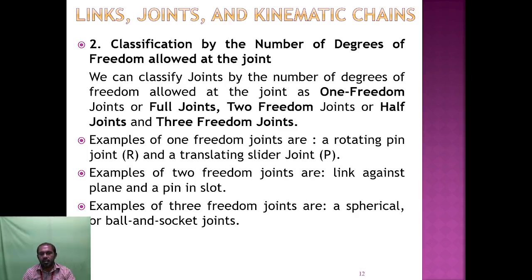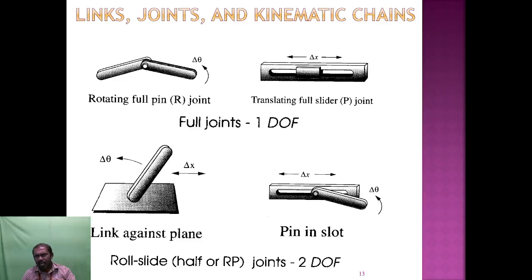Examples of a 2 freedom joint are link against plane and pin in slot. And finally the 3 freedom joint has a spherical ball and the socket part. So it is a full joint, half joint, and 3 freedom joint. Then the examples for full, half, and 3.